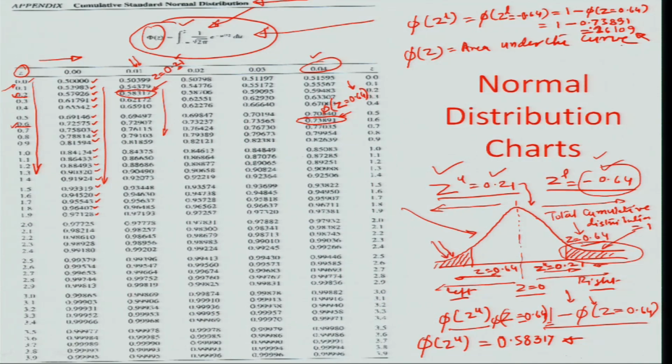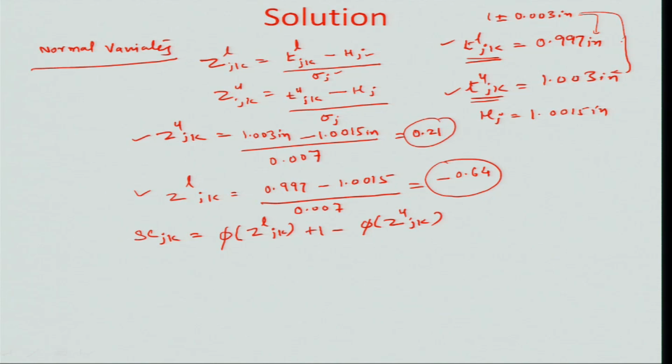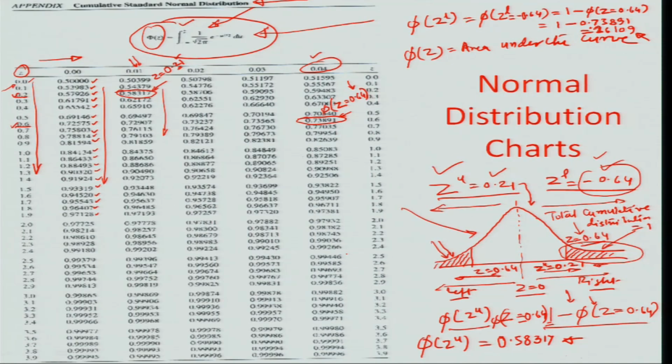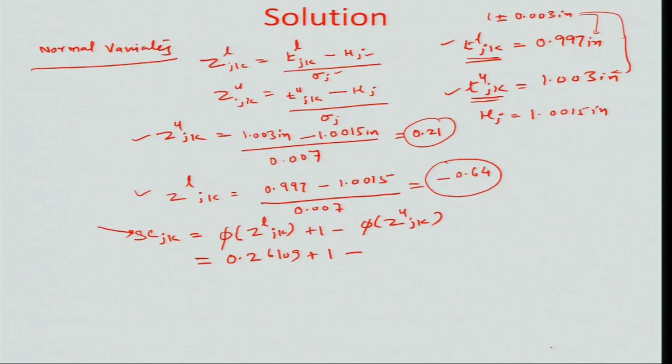So you now have two values. One is the lower value corresponding to minus 0.64, and the scrap fraction here is defined as 0.26109 plus 1 minus the upper value, which was recorded as 0.58317 from the normal tables.